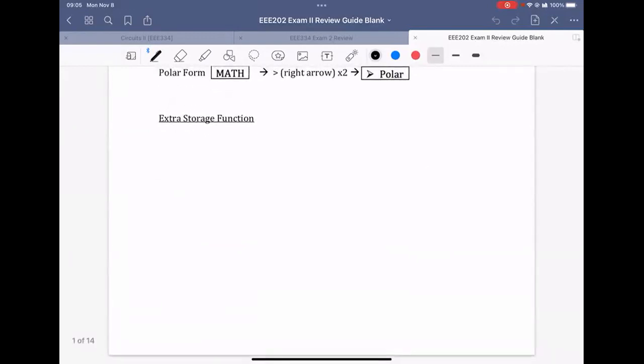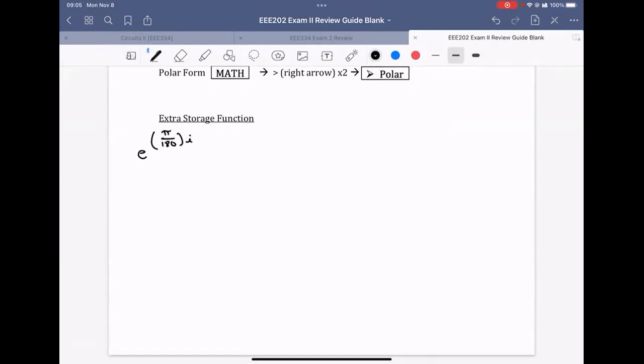On your calculator, you just write in E to the pi over 180 I. So you put E power, pi over 180, and then I after it.